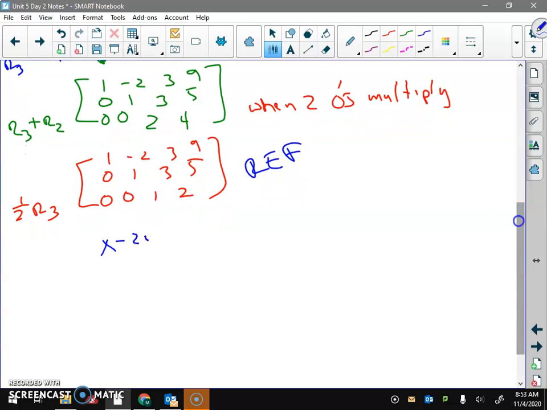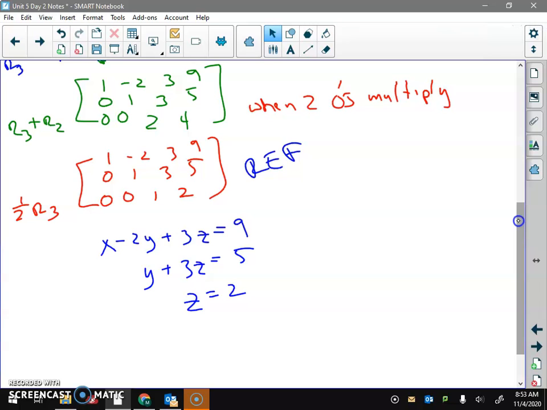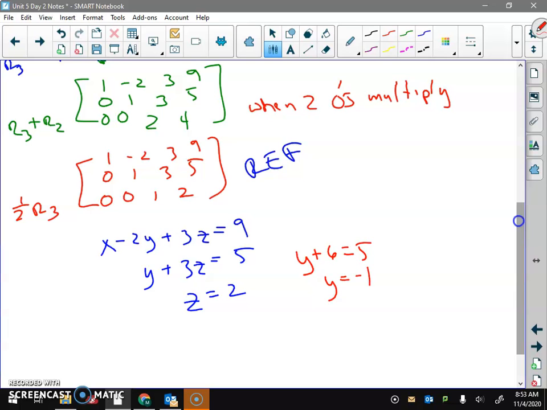x minus 2y plus 3z equals 9. y plus 3z equals 5. z equals 2. I know you can do this because we did this at the start of our lesson on day 2. Back substitute. y plus 6 equals 5. y equals negative 1.